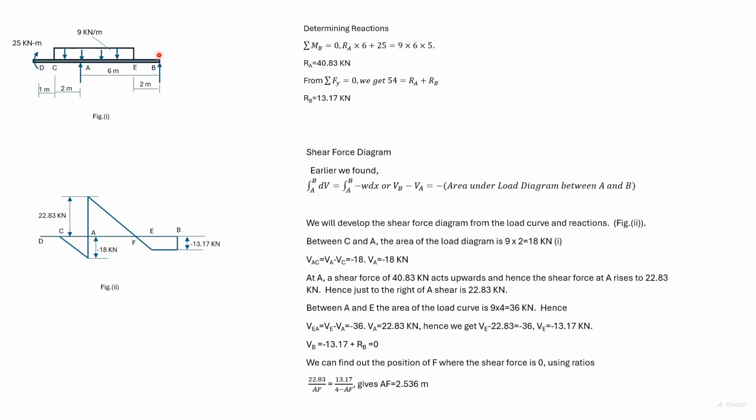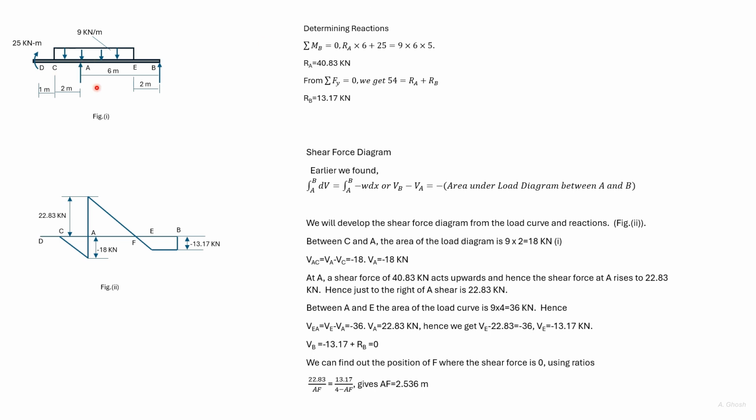This whole load is 54 kilonewton, and summing up forces in the vertical direction, we get RB is 13.17 kilonewton. We'll now use this equation and the load diagram to develop the shear force diagram.